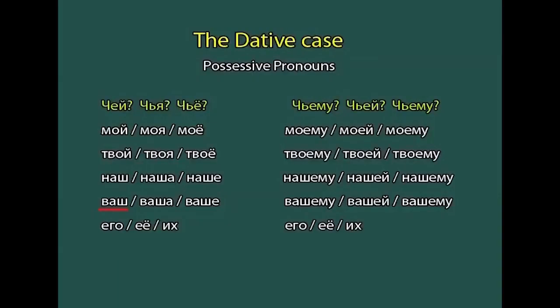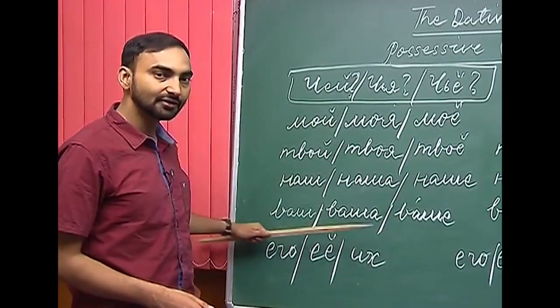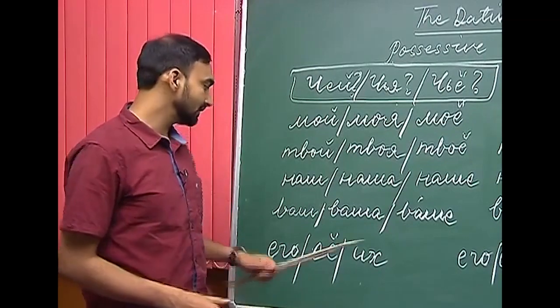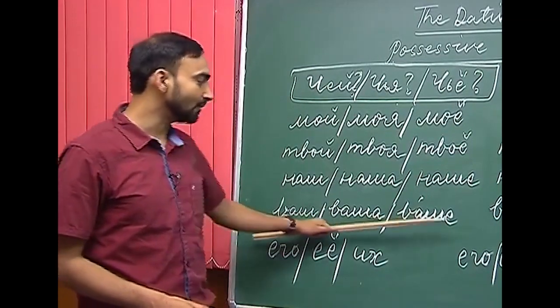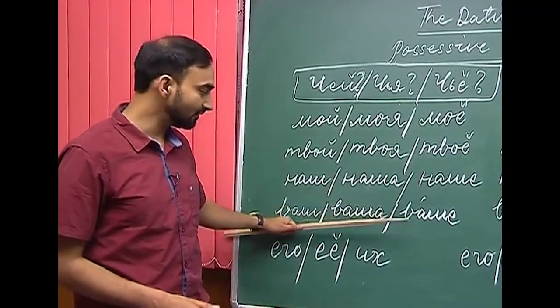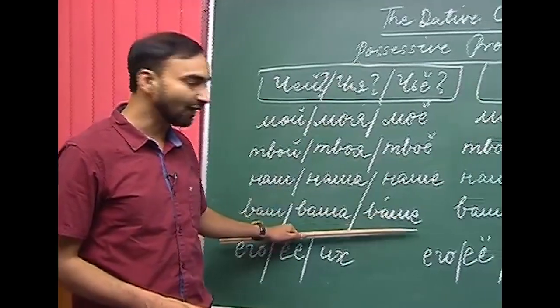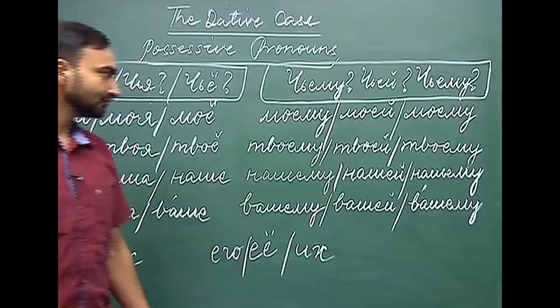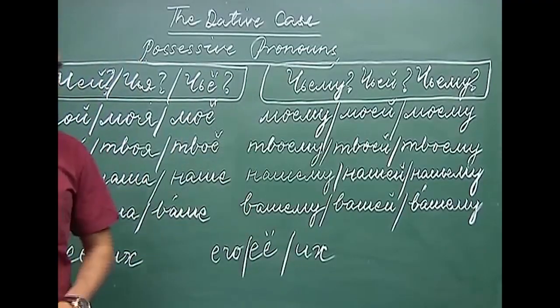Vash, which is derived from the second person plural, again has three forms: vash masculine, vasha feminine and vashe neuter. Vash in the dative case becomes vashemu, vasha becomes vashei and vashe becomes vashemu. So, let us repeat them once again.